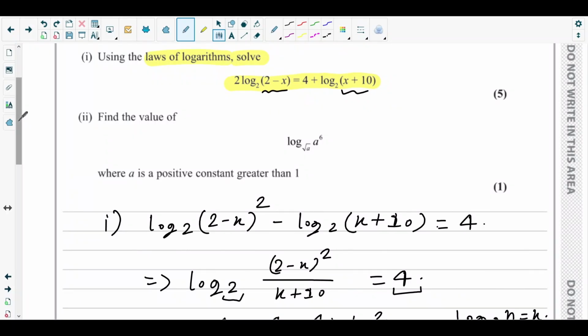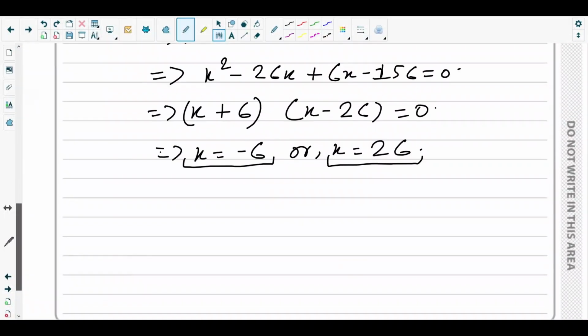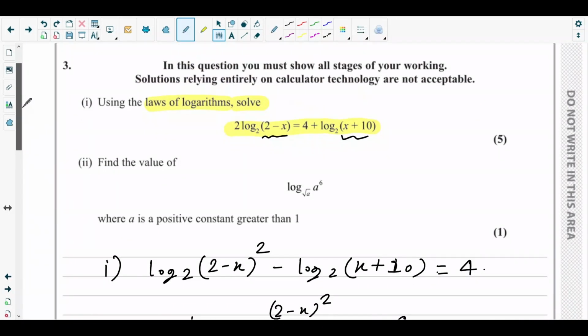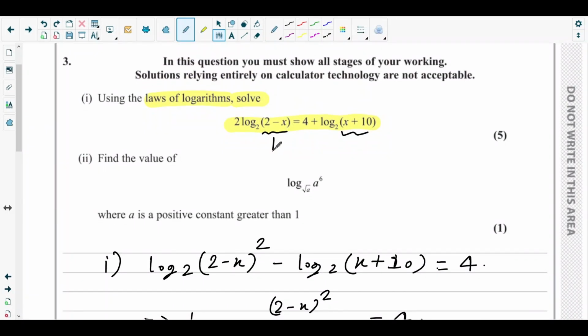We got two values, negative 6 and 26. If you consider 26, then 2 minus 26 becomes negative 24. Log of negative 24, whatever the base is, is always undefined.